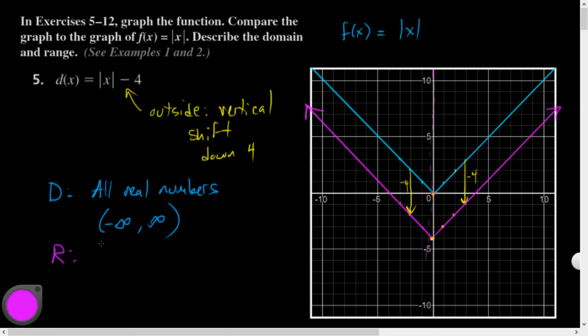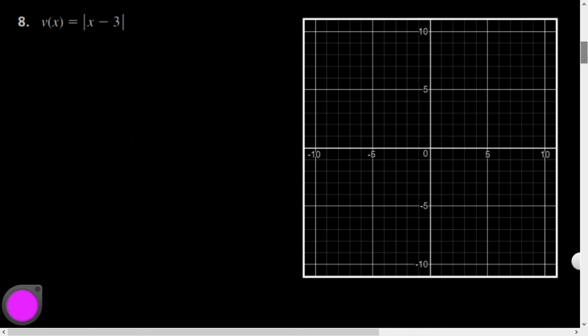So the range, I could say, is the set of all y such that y is greater than or equal to... What's the lowest y value that exists for this purple graph? The lowest point. Negative 4. Right? So that ends up being the minimum value of that graph.